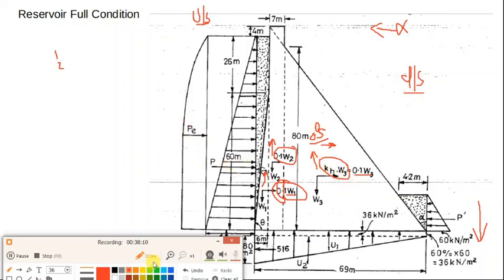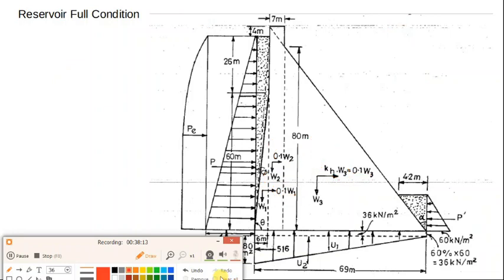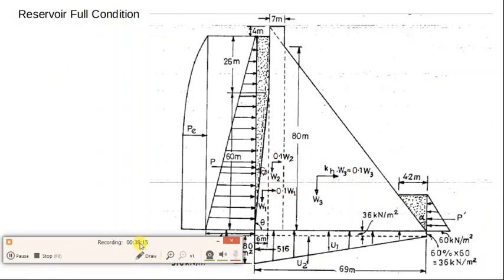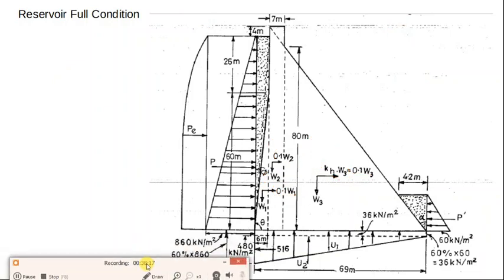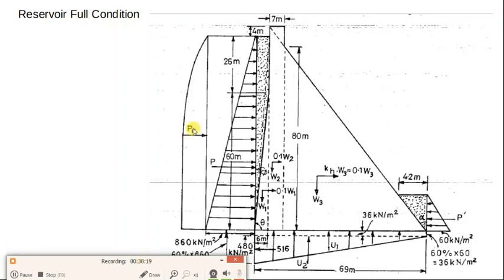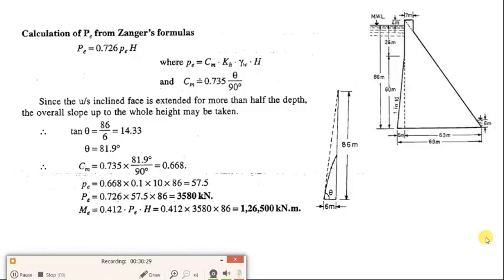Now one thing which we didn't discuss in the reservoir empty condition was the hydrodynamic force. How to calculate the hydrodynamic force? In this example, we will be using Zenger's formula or the USBR formula to calculate the hydrodynamic force.